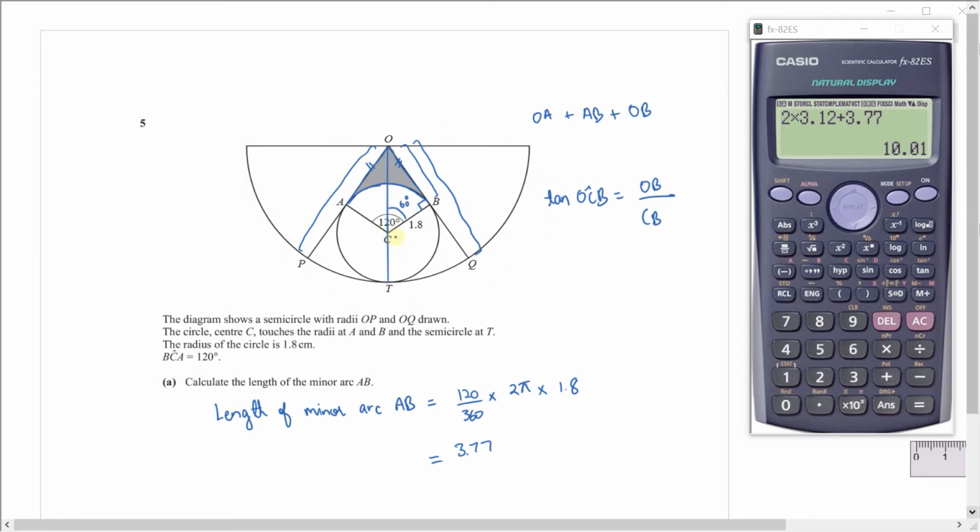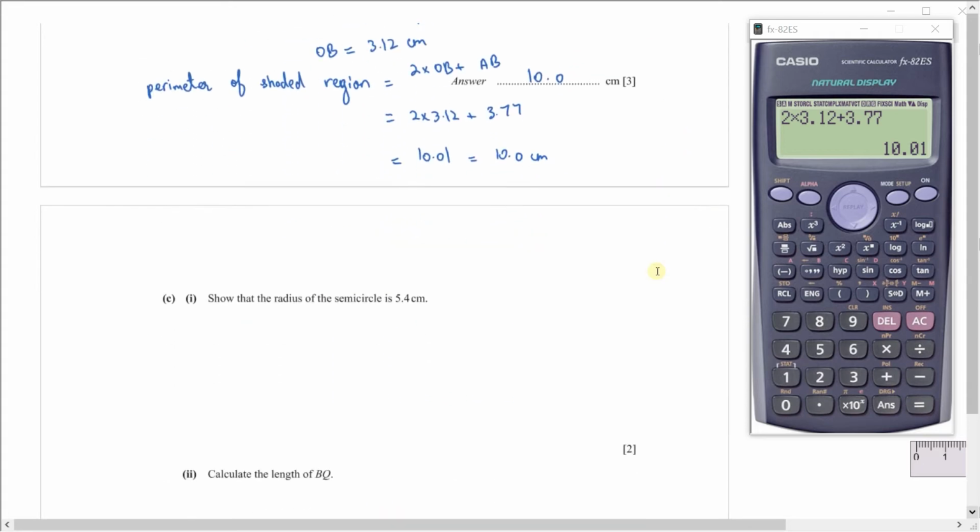And we know that this part is the radius of the smaller inner circle. So this part is 1.8. All we need to do is calculate the length of this line OC. So we can write radius equals OC plus CT.